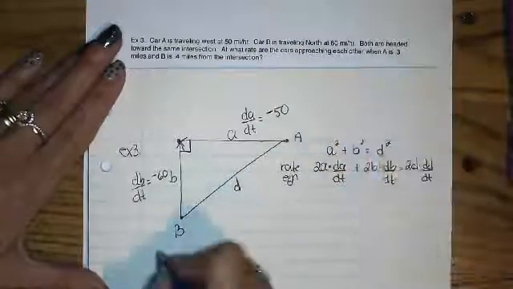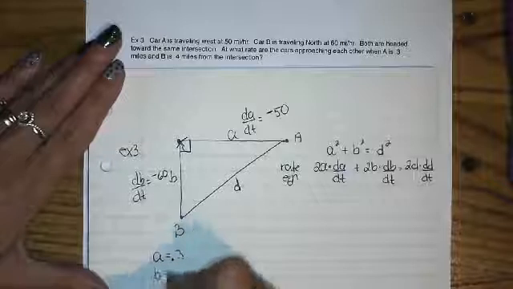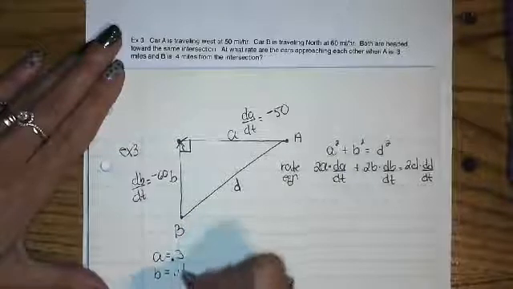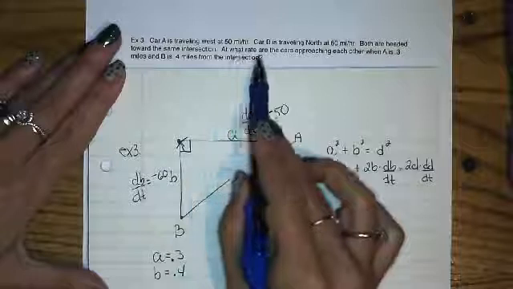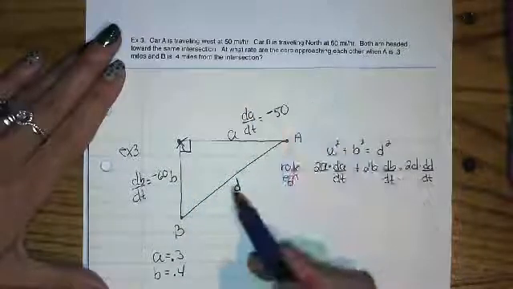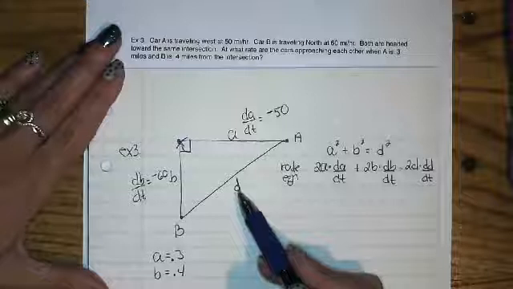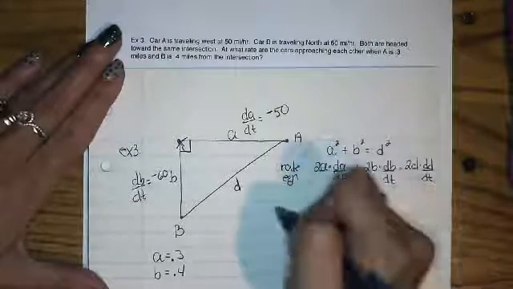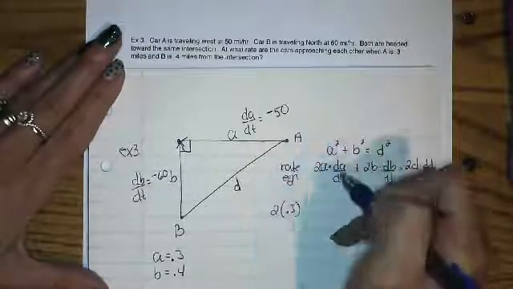They're telling me that the distance of point A, a, is 0.3. So little a is 0.3 and little b is 0.4. And it's asking for at what rate are the cars approaching each other. That's the change in the distance between them with respect to time.